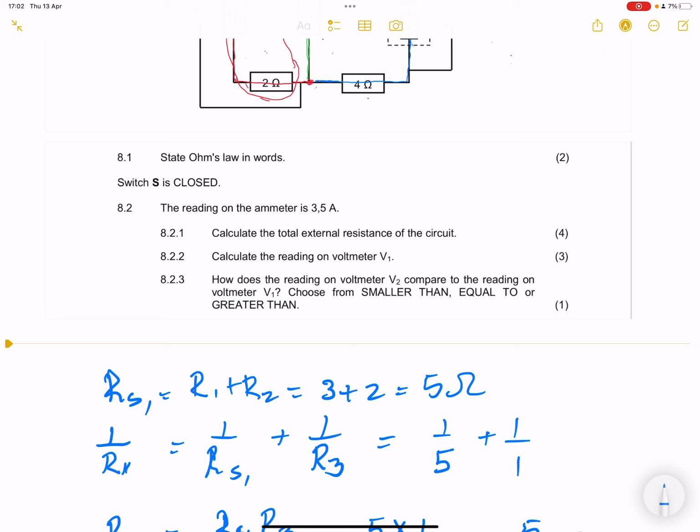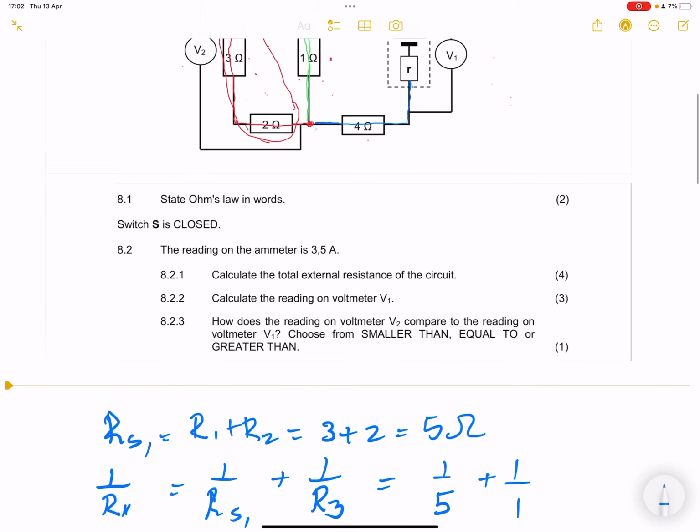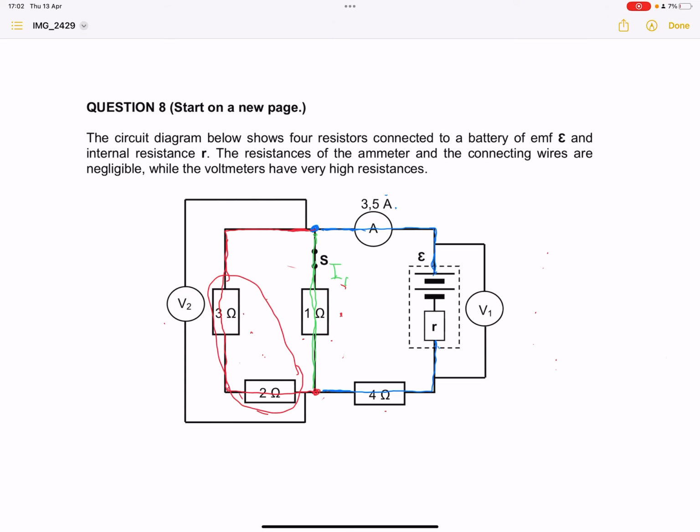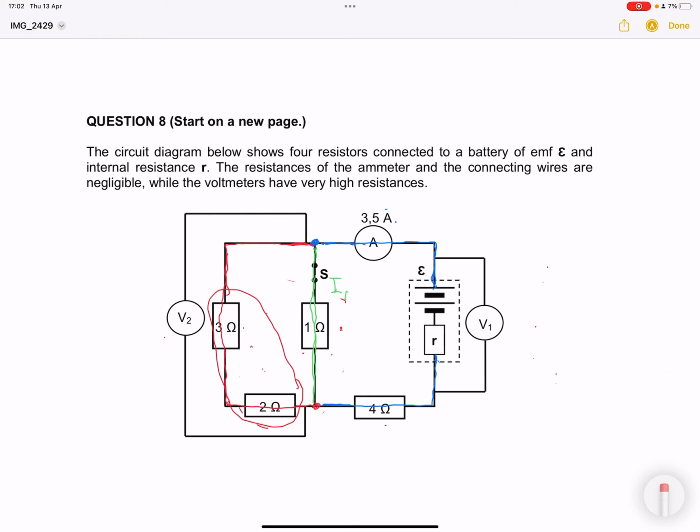So they say to us, calculate the reading on V1, right? Now remember, V1 is actually across the external resistance of the circuit, right? So what I do know is that V1 is the voltage across the terminals of the battery. But remember, that is the voltage outside of your V lost, the one in the internal resistance.